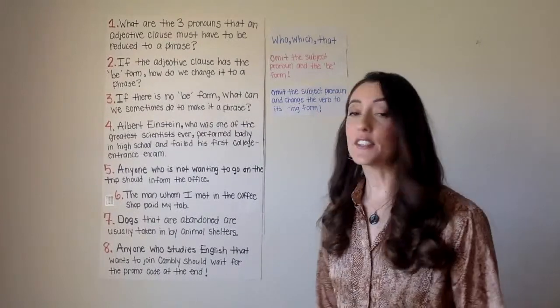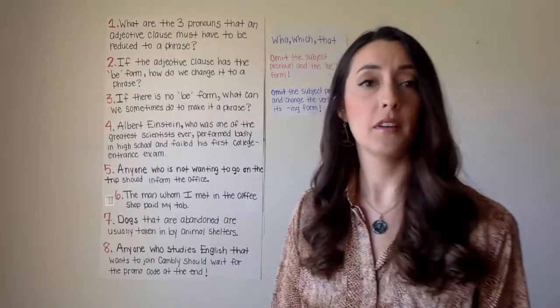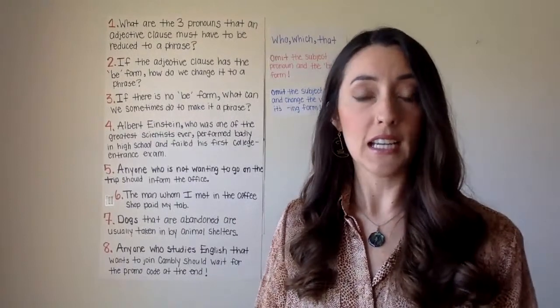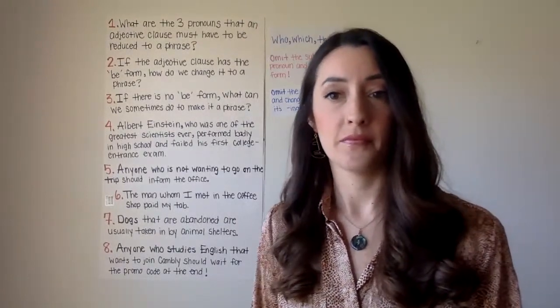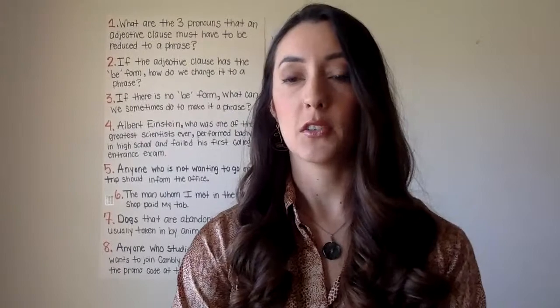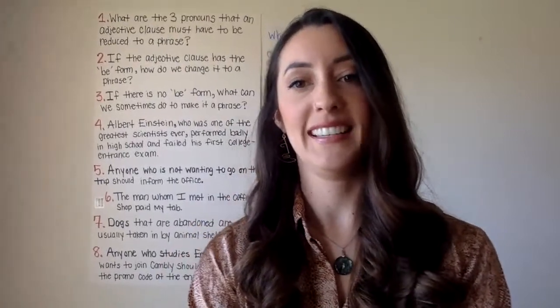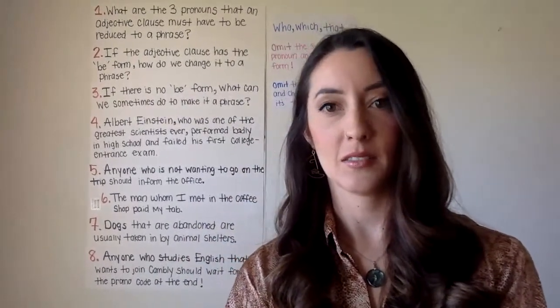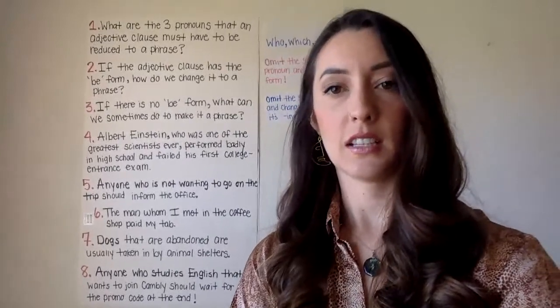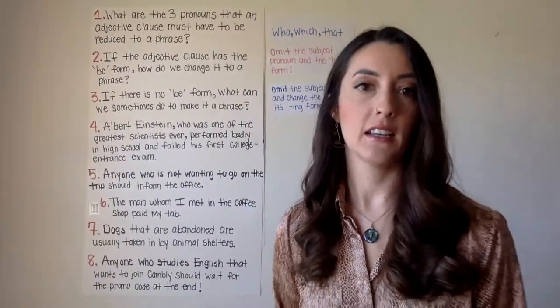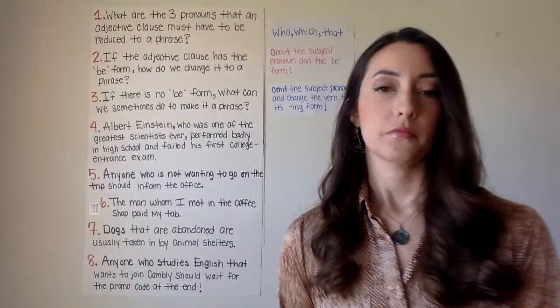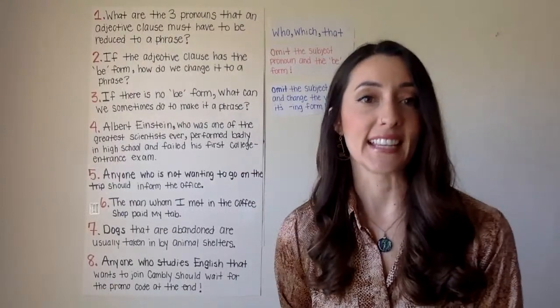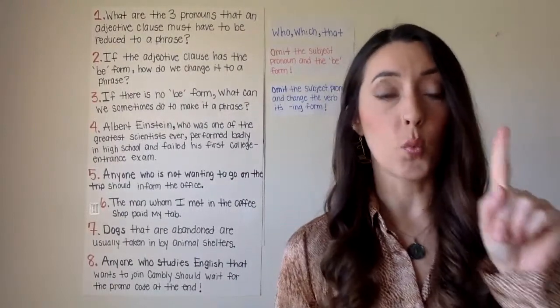So, we need to identify, do you see the verb be in this clause? Do I need to scoot it closer? Just a little bit. Is that better so that you all can see it? The verb be is in there, so we need to follow rule number 1.